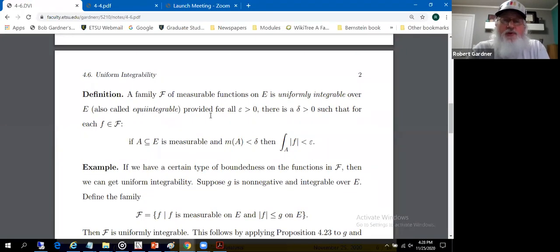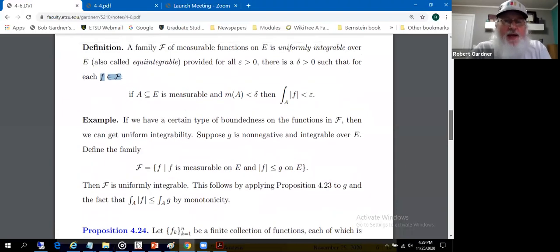We'll call it uniformly integrable, provided for all epsilon greater than 0, there's a delta greater than 0, such that for each function in this family, there's the uniform part, if A is a measurable subset of E of measure less than delta, then the integral over A of the absolute value of f is less than epsilon. Again, for all f in that family. So it's the family that's uniformly integrable. For us, the family will be, in practice, a sequence of functions. It could be something bigger than that.